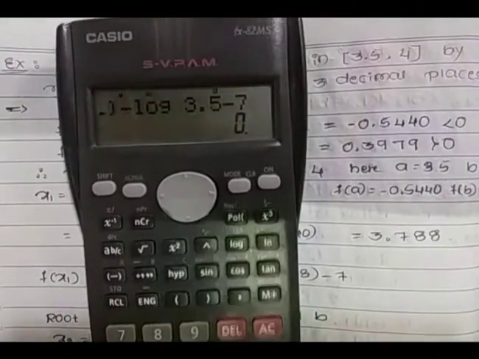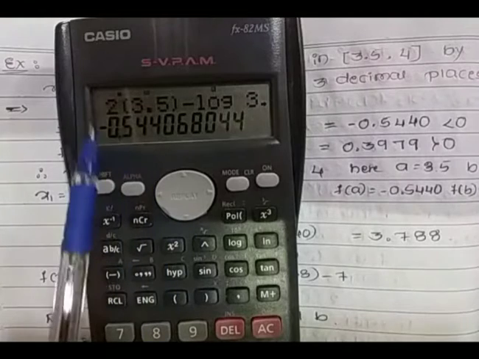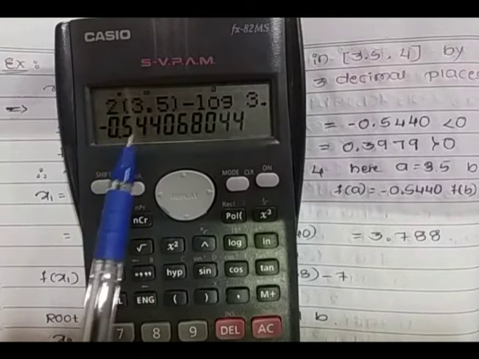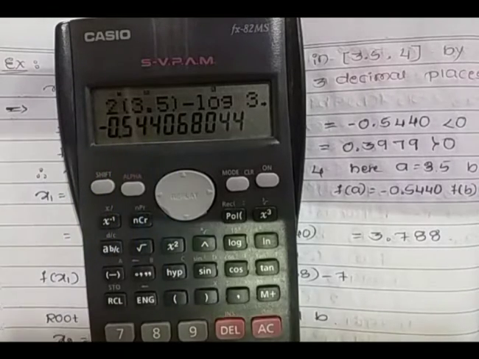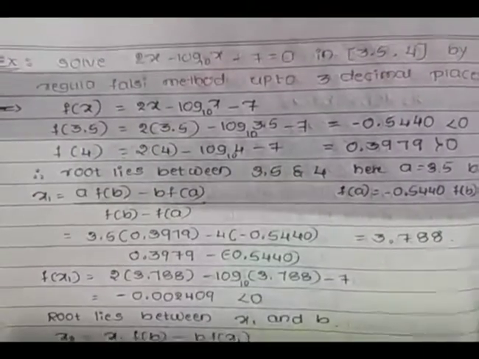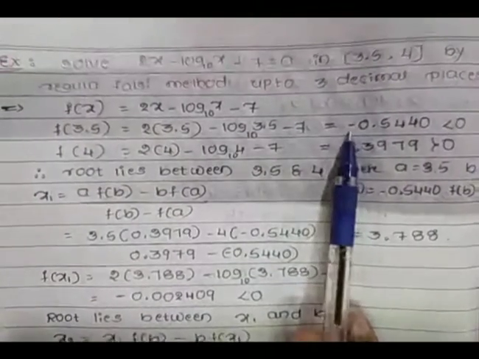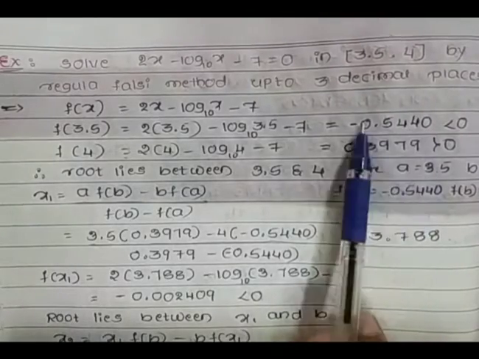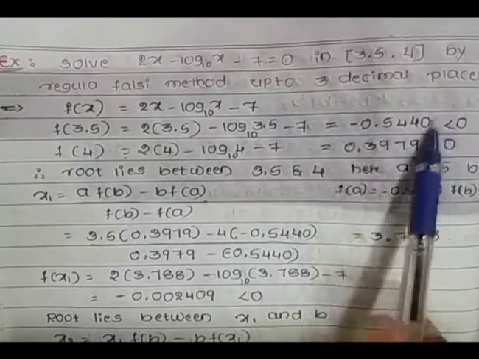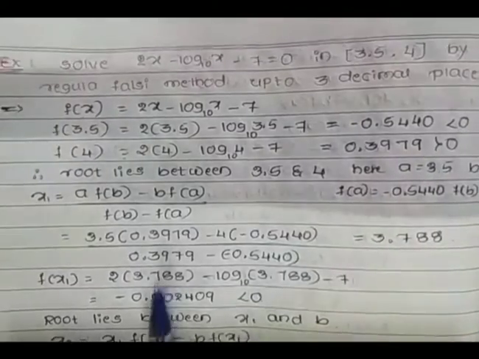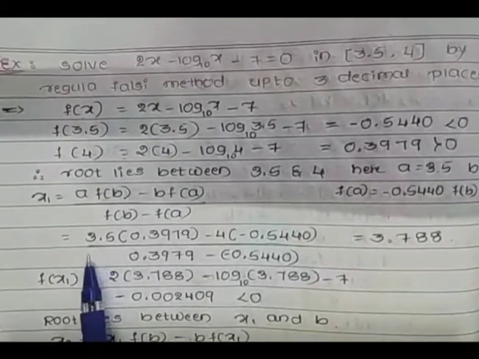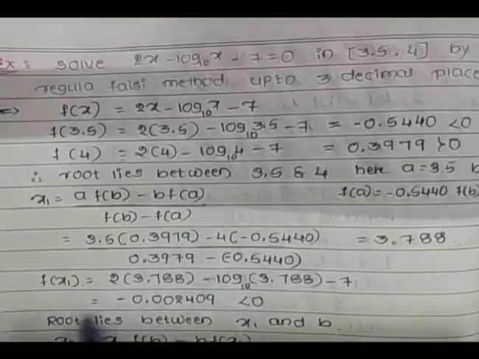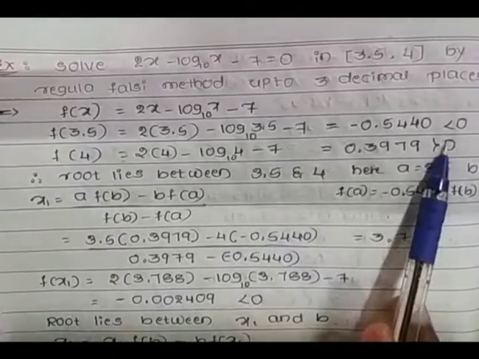Here we get minus 0.5440. Any 4 decimal place values we can consider. So the answer is minus 0.5440. Because of the negative sign, this is less than 0. So here f of 3.5 is giving us a negative value which is less than 0.